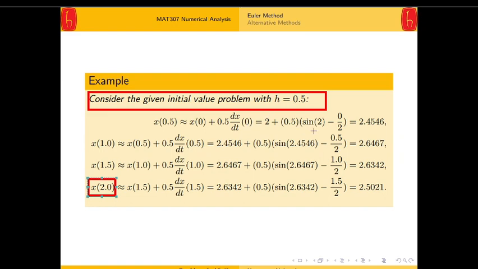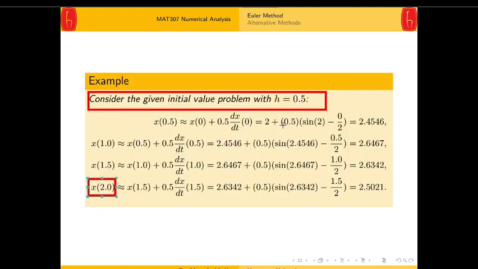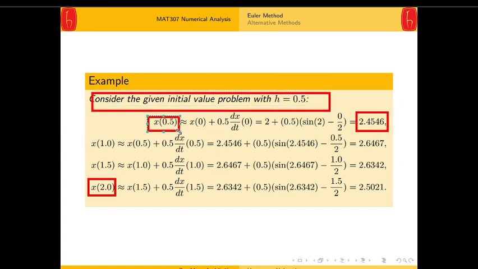X0 was 2, so this will be sine 2 minus 0 over 2. So this will be the slope times h plus the initial value, and that will give us 2.4546 as an approximation to x of 0.5.